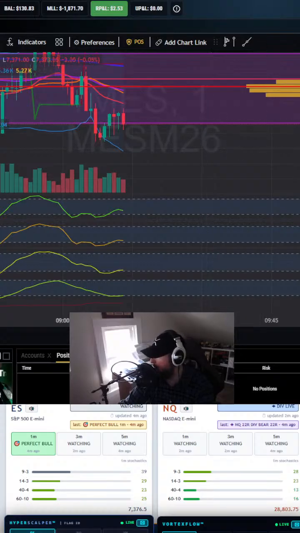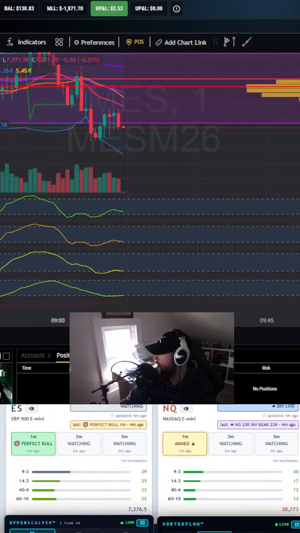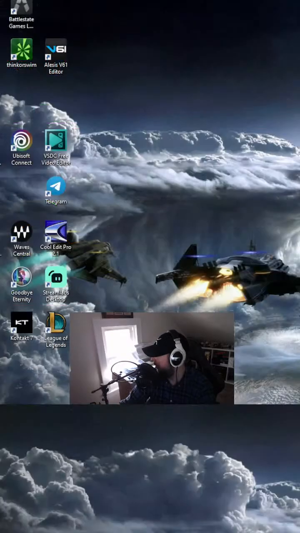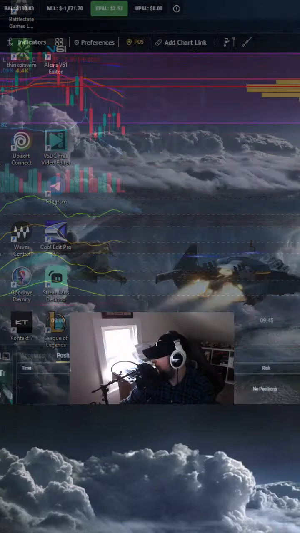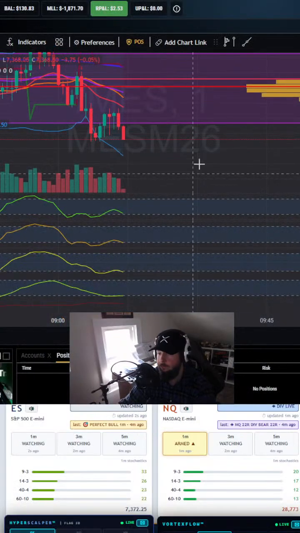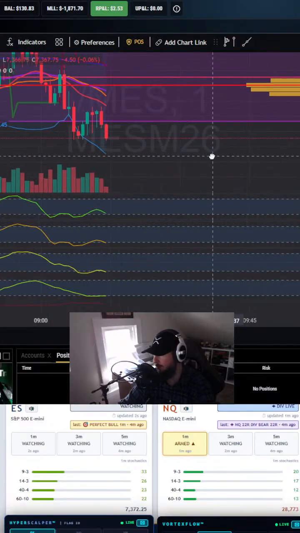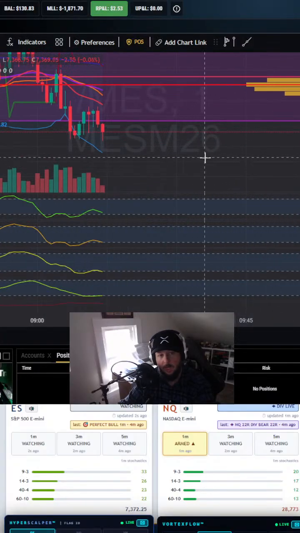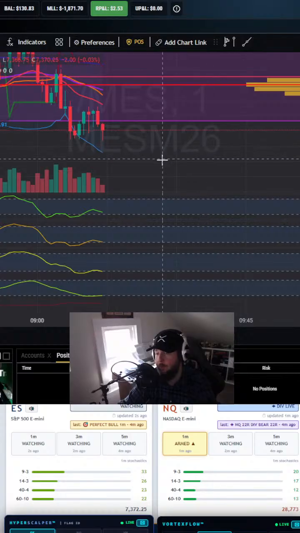It still is a perfect bull setup, but... And Q, 1 minute, quad rotation system armed for buy. There's the sells. See what I mean? Just wasn't a high conviction trade anymore once we lost that momentum up here.